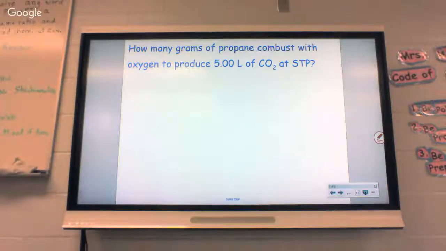What's the difference between the two? Mass and grams is the same word. So that one asks for mass, that one asks for grams. It's the same thing. Oh, this one says the word combust.